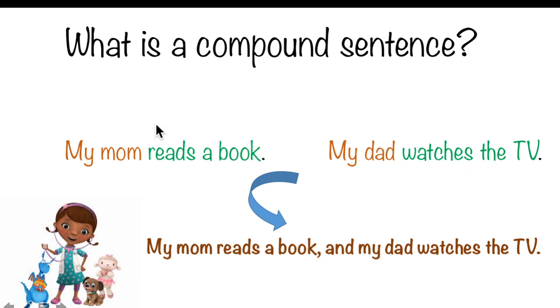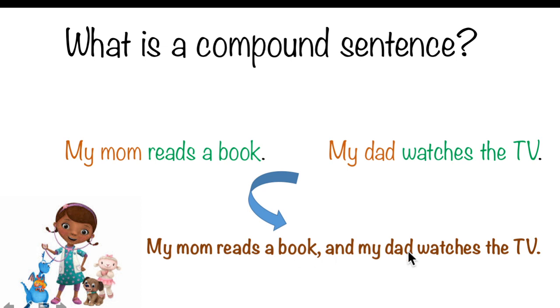So when you take two simple sentences and put them together, you will get a compound sentence. See, My mom reads a book. My dad watches the TV. Now, boom, put them together. My mom reads a book, comma, and my dad watches the TV.